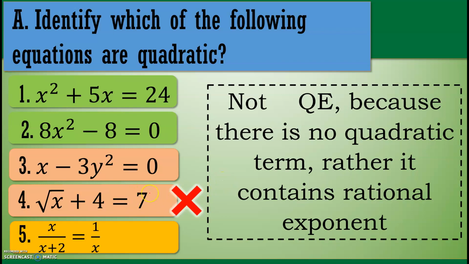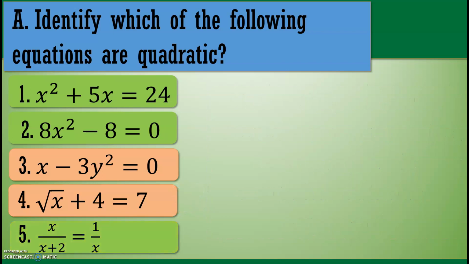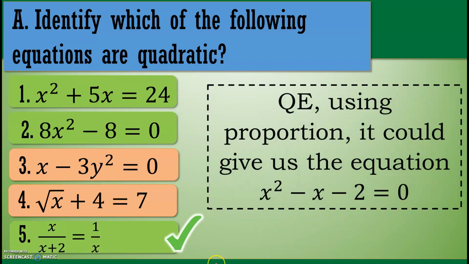This is an example of a radical equation, remember? How about number 5? Sir, we cannot observe the quadratic term. But if you try to simplify that, you can achieve this equation, x squared minus x minus 2, using the proportion. So x times x, then x plus 2 times 1, right? Then you put it into standard.